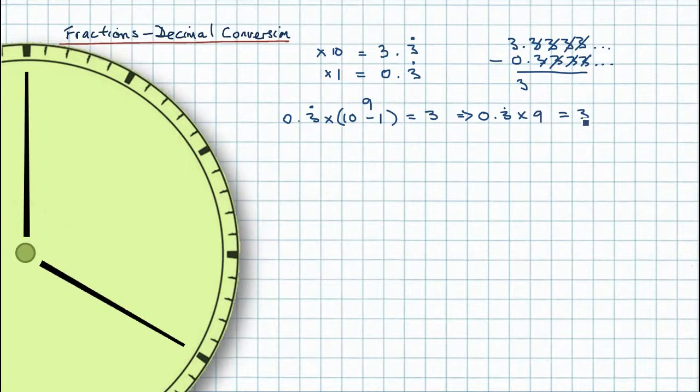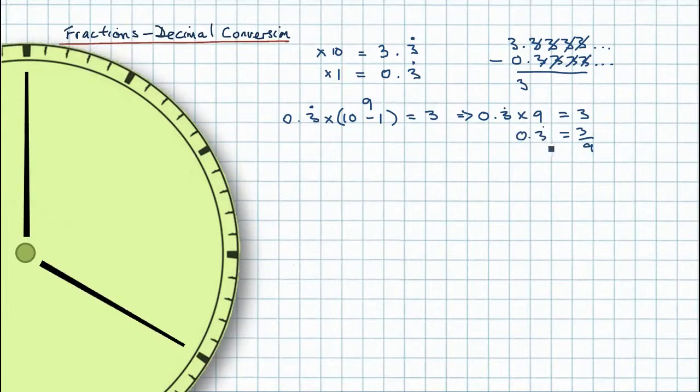So if I'm multiplying by 9 on this side of the equal sign, then I am going to divide both sides by 9, giving me 0.3 recurring equals 3 divided by 9. In other words, if 0.3 recurring times 9 is 3, then 0.3 recurring must be a ninth of 3, in other words 3/9.